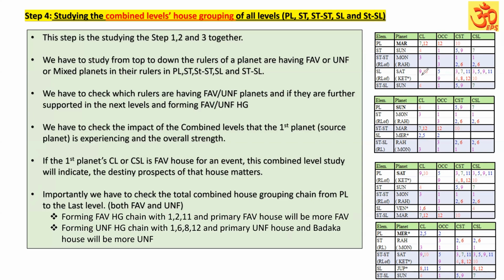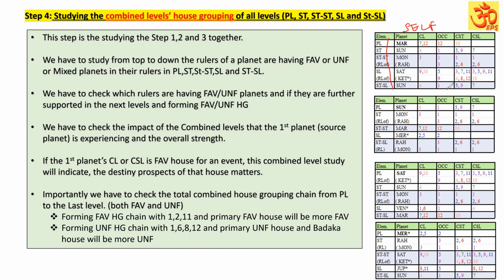Please understand this one important point: all of these steps 1, 2, 3 and also 4, all this grouping we are talking about, all these levels, are only on the self-signification of the rulers. So far we have not discussed the support planets and their impact along with the ruler links to each level. They are going to be secondary, only supportive.